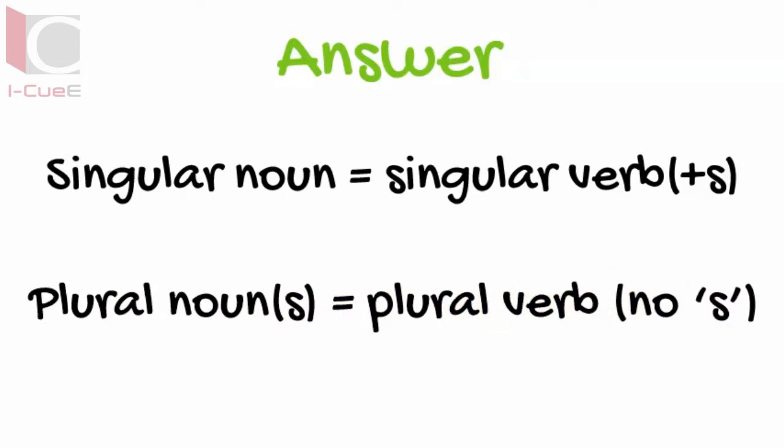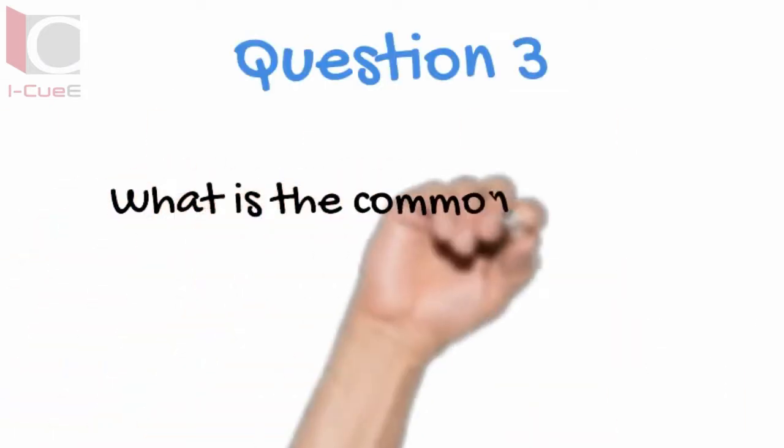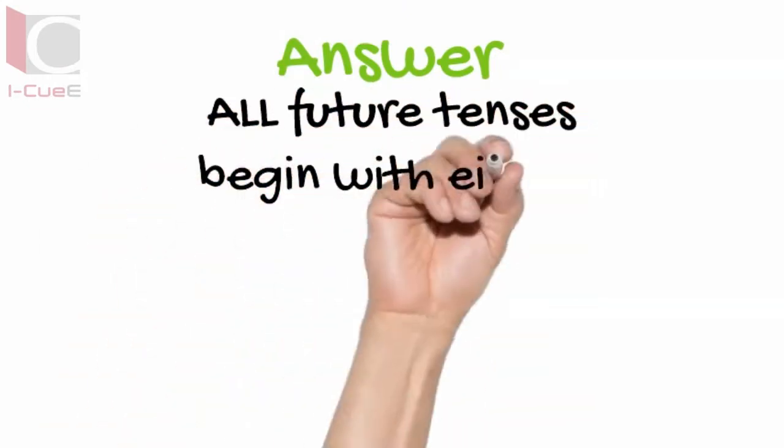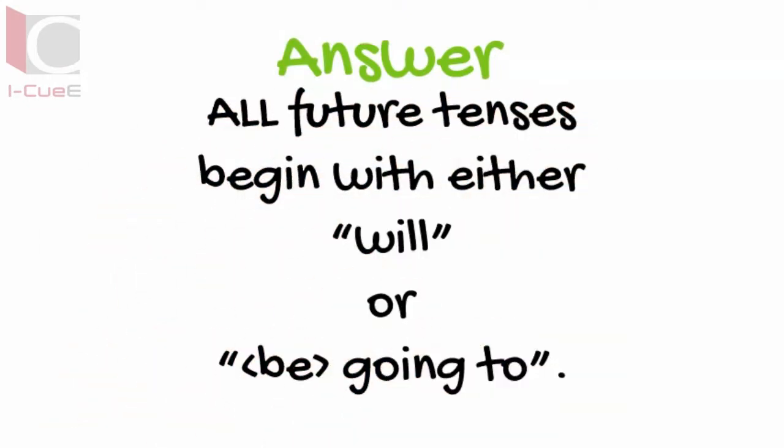Plural nouns equal plural verb, no s. What is the common pattern for the beginning of all future tenses? All future tenses begin with either will or be going to.